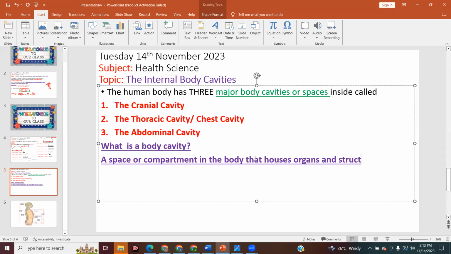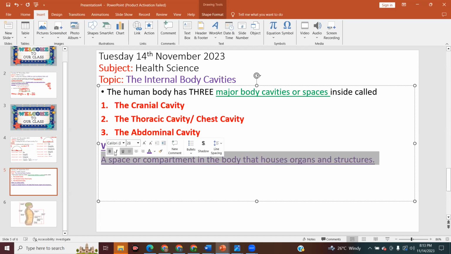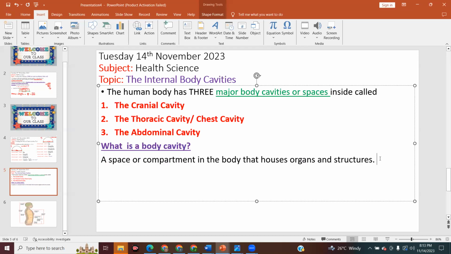I got 3. You got 3. So the square root of 9 is the same thing as 9 raised to the power of a half. So it's basically an exponent. So we treat roots like exponents. They do not go before parentheses. They go after. Thank you. No problem. A body cavity is a space or compartment in the body that houses organs and structures.